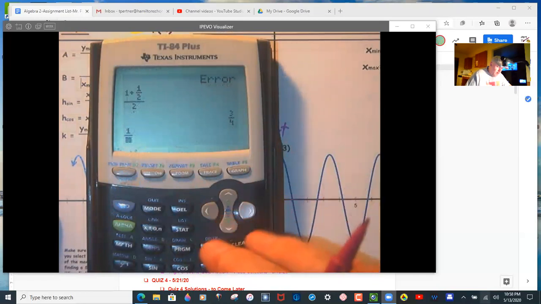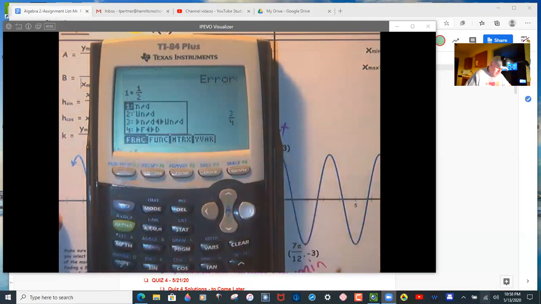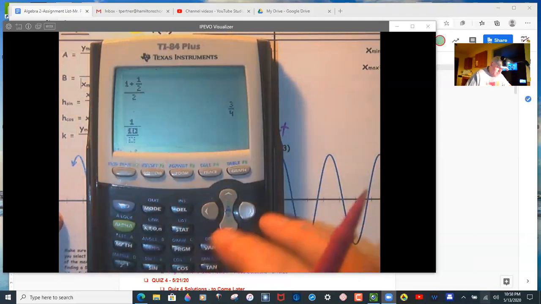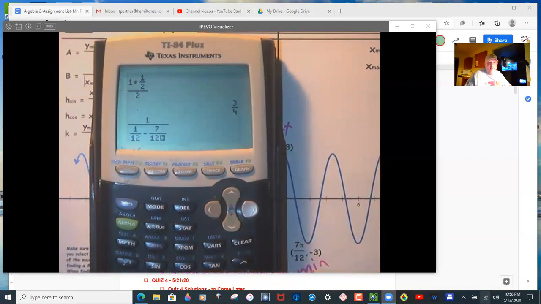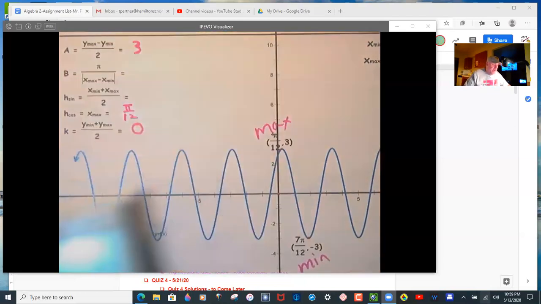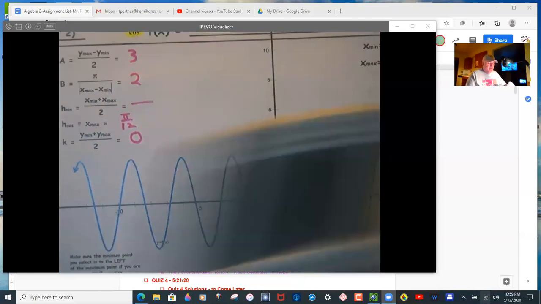You've got to really learn how to use your fraction tool a little bit. Remember, you've got to get a whole number. This is not going to be anything with pi in it. This is 2. You're going to get a nice answer. That's what's nice. And we're not doing that because we're not doing sine.